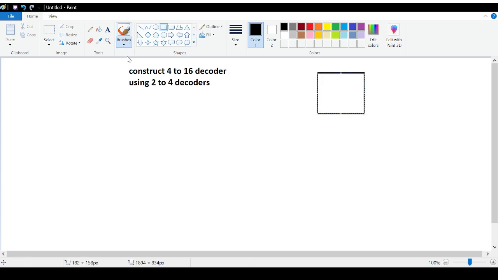So in a 4 to 16 decoder, how many inputs are there? How many inputs are there in a 4 to 16 decoder? Four inputs.